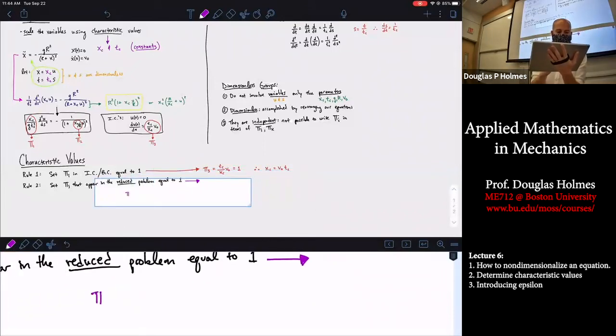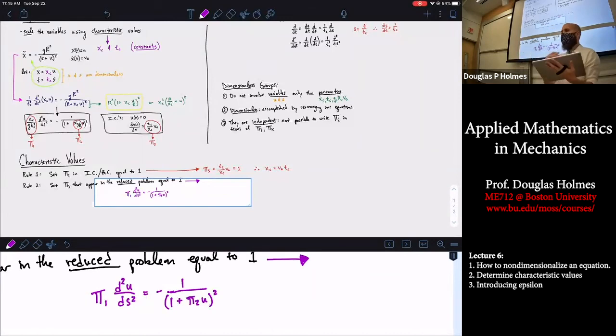If I replace all the variables with our pi groups, I would say pi 1 times the second derivative of u with respect to s is equal to negative 1 over (1 plus pi 2 times u) squared. So we have two options here. We already set pi 3 equal to 1, so we don't have to worry about pi 3 anymore. We either have to set pi 1 or pi 2 equal to 1. And this rule says pick the one that appears in the reduced problem.